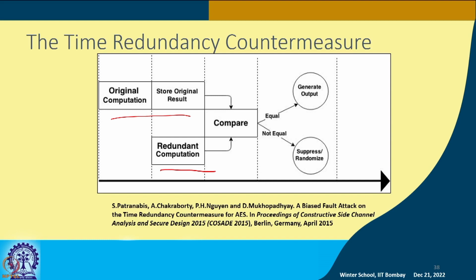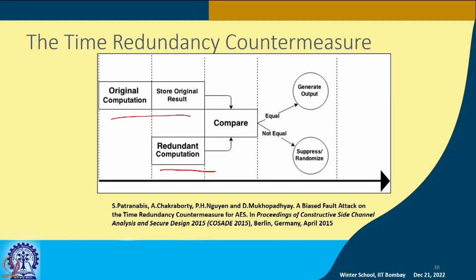Now here is also a catch. What will you output? Suppose you find that there is a match, then you output the cipher, right? But if there is no match, then what will you output? There is a cipher, and there is a faulty cipher. What will you output? Let me say there can be two strategies.